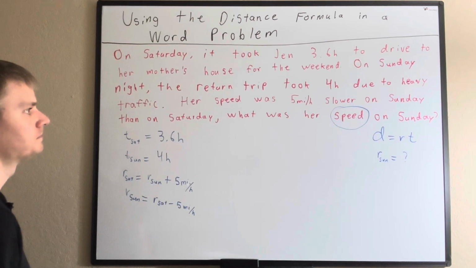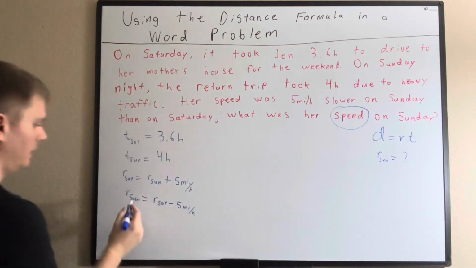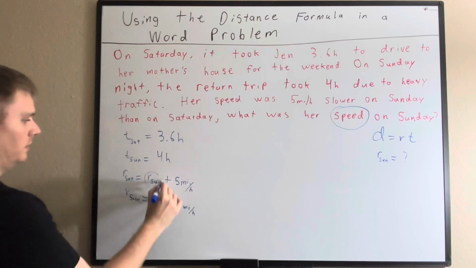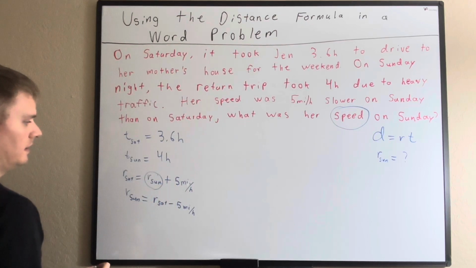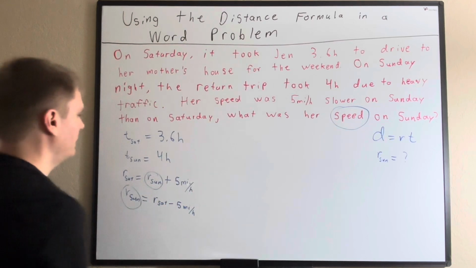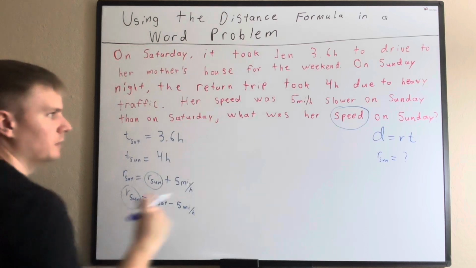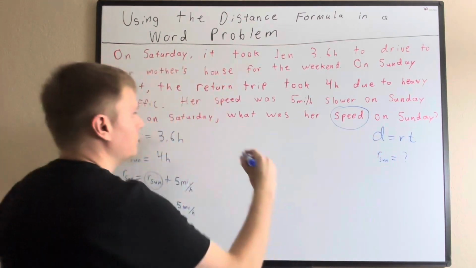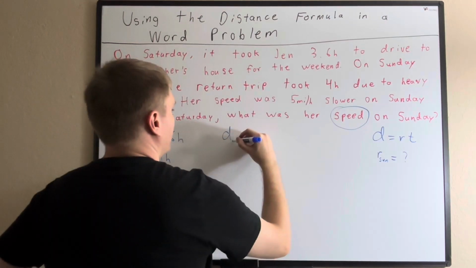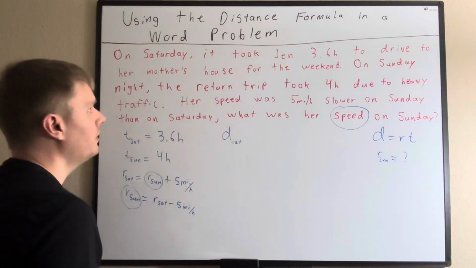All right. So what are we solving for? Speed on Sunday. We want that. So in order to get that, we need the speed on Saturday. But when we use this distance formula, what is the distance on Saturday? I don't know.